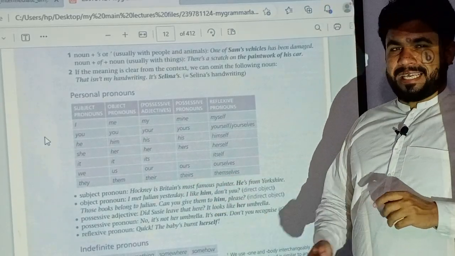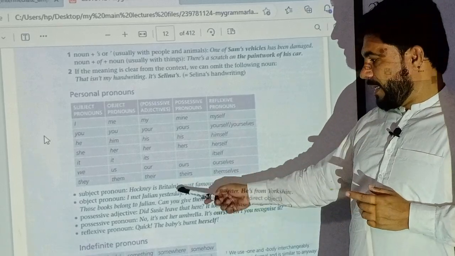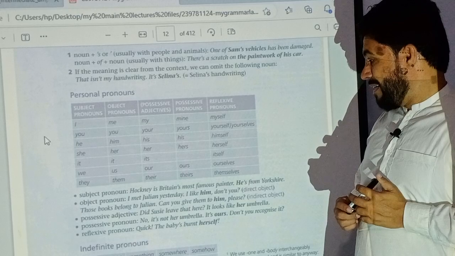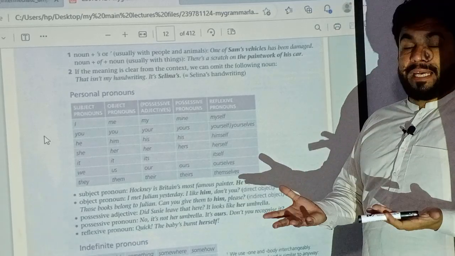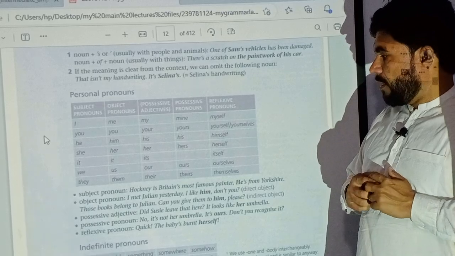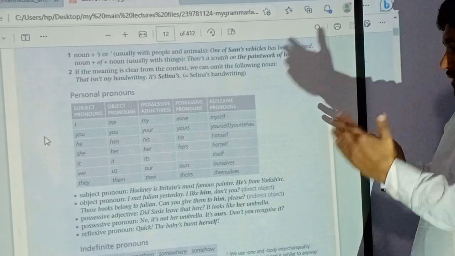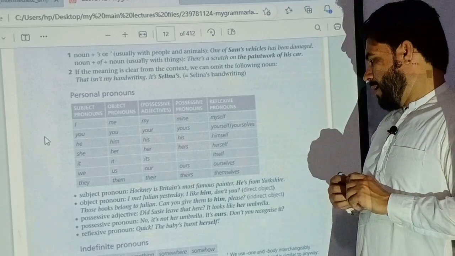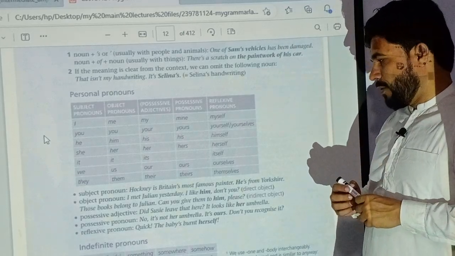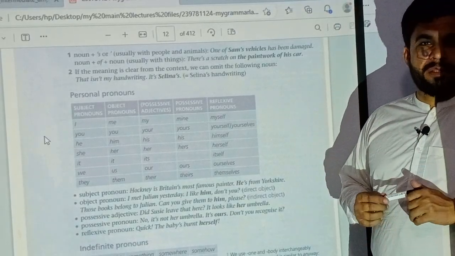So now we see an example of a subject pronoun. Hockney is Britain's most famous painter. Now Hockney is a noun, right? So when we refer to Hockney again in the following sentence, we will not be mentioning Hockney again and again, because that becomes a bit boring.